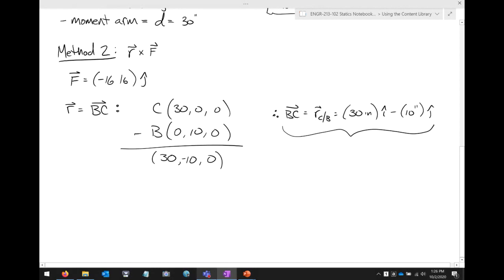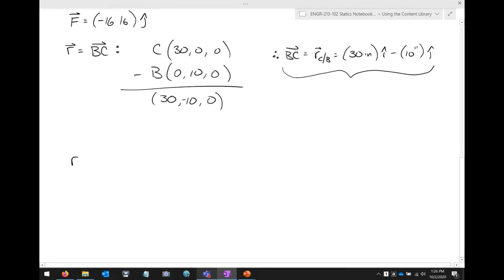Okay, so this would be the R vector in this fashion. And the point I'm making is that if you want to do R cross F in this fashion, you can do I, J, K, and you can do it this way.